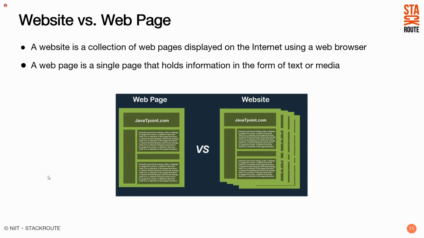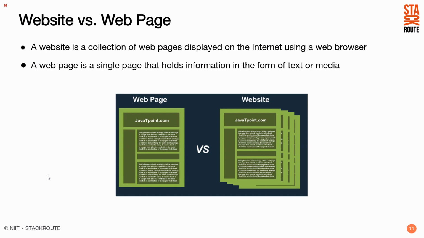Website versus web application versus web page. A website is a collection of web pages displayed on the internet using a web browser. Any website consists of n number of web pages, which I can access on the internet using a web browser.